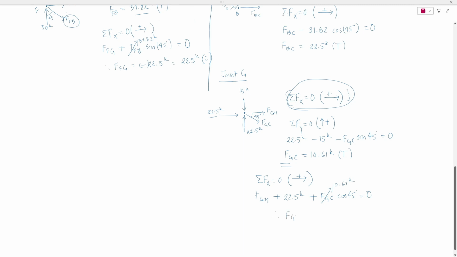Therefore, FGH would be 30 kips. It will be negative. These two terms go on the right side of the equilibrium. So negative 30 kips. This means that member GH is 30 kips in compression.